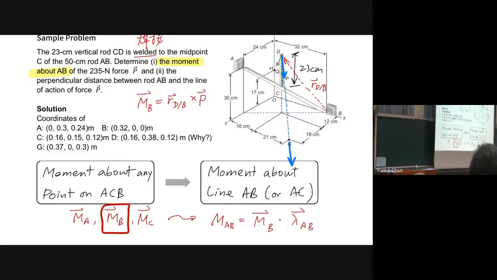If we move P here, the moment arm will become this straight line. And the RG with respect to B is parallel to the Z axis.